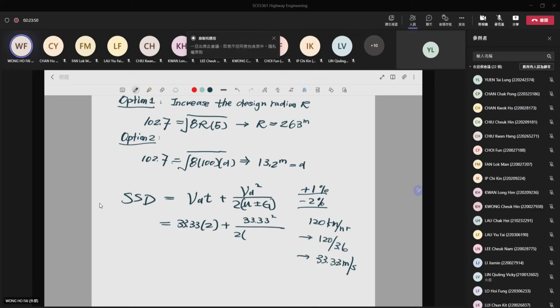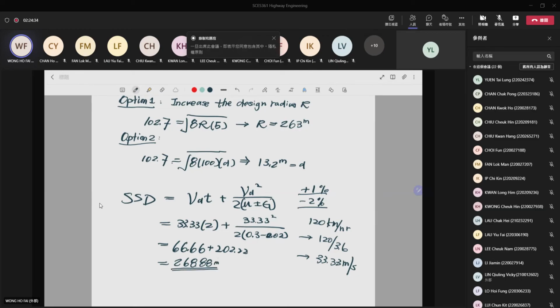Mu is the friction coefficient, and I assume it is equal to 0.3. And then it is minus 2%. So it is equal to 66.66, plus 202.22. So I can see that the SSD is equal to 268.88 meter.